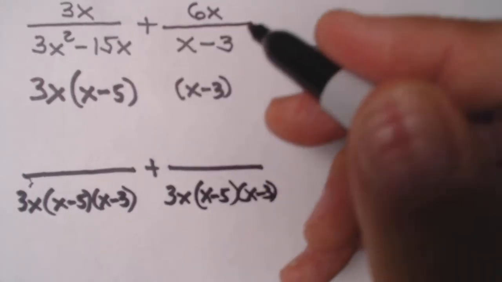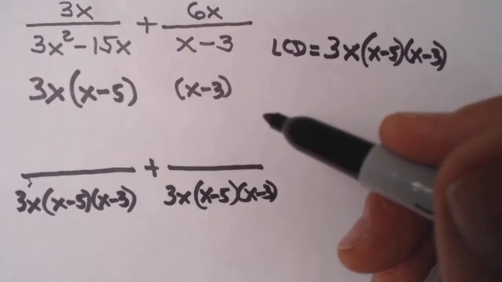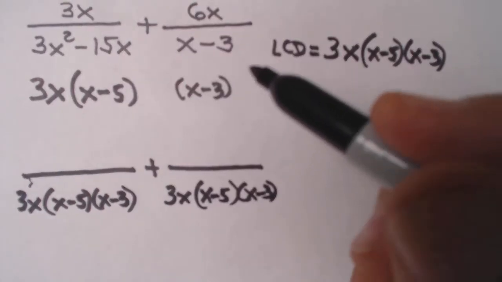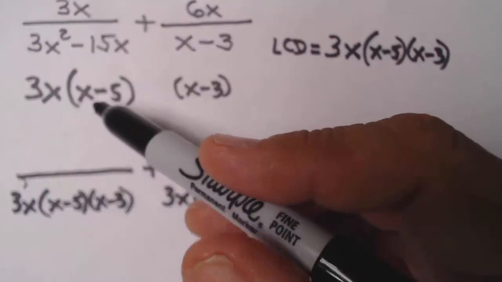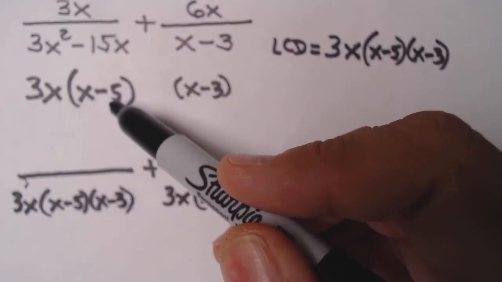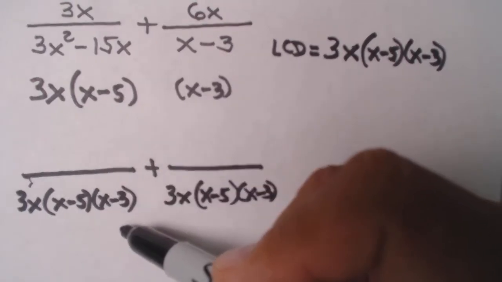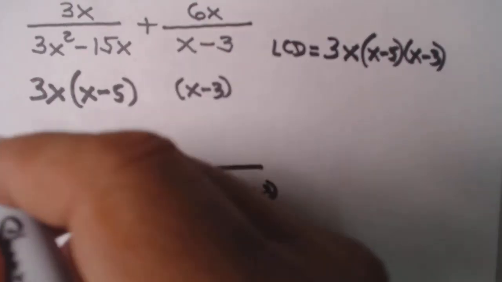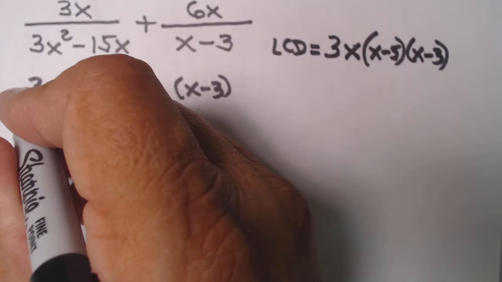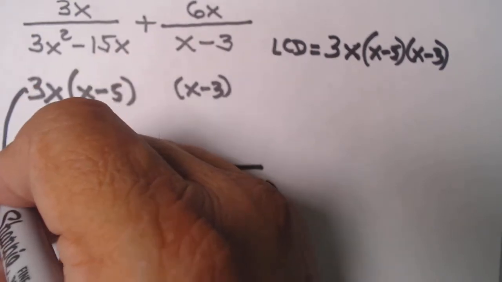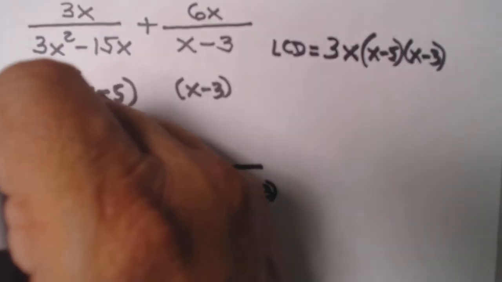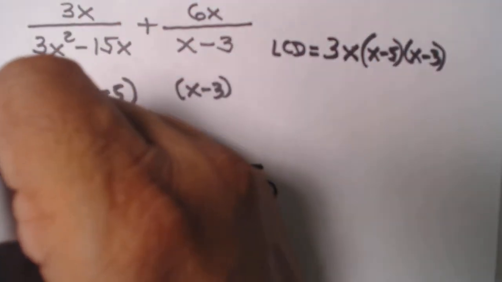Now, the beauty of this is, again, it's real easy to see what you have to multiply by, what's missing. The old denominator, 3x times x - 5, compared to what we want, the only thing missing is the x - 3. So we had to take this and multiply it by x - 3. Actually, not r, x - 3.